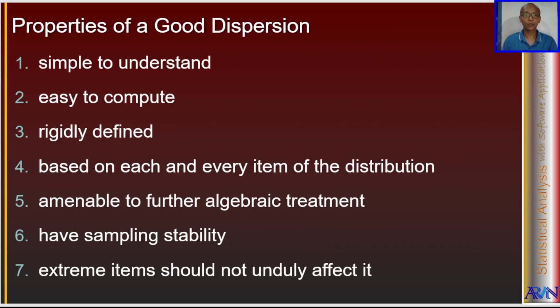There are properties of good dispersion. We have simple to understand, easy to communicate or compute, I should say, rigidly defined, based on each and every item of the distribution, amenable to further algebraic treatment, have sampling stability, and extreme items should not unduly affect it.